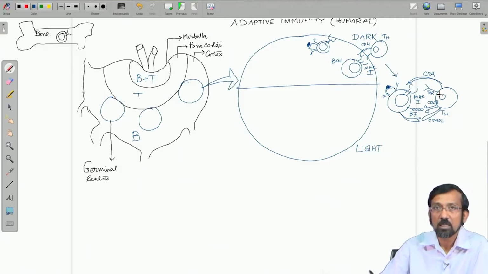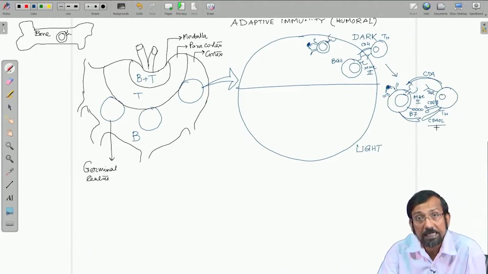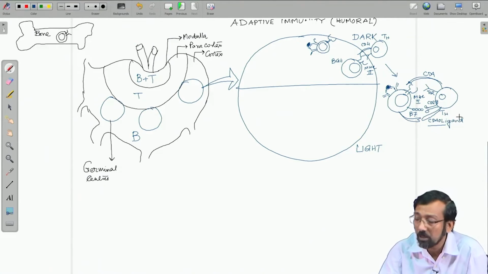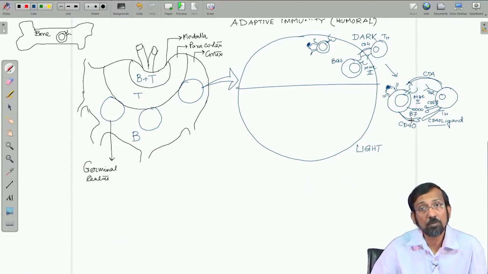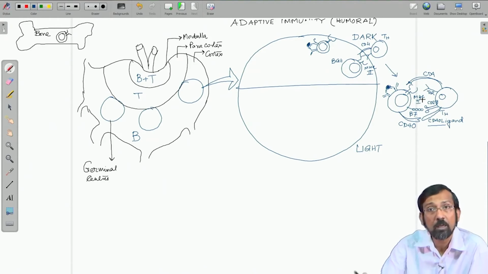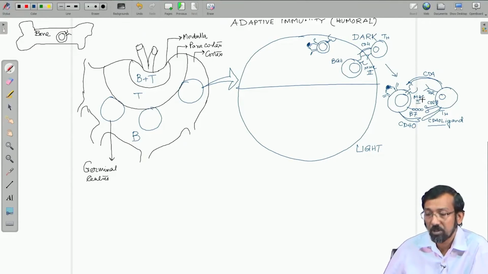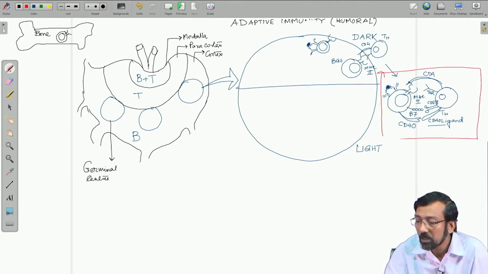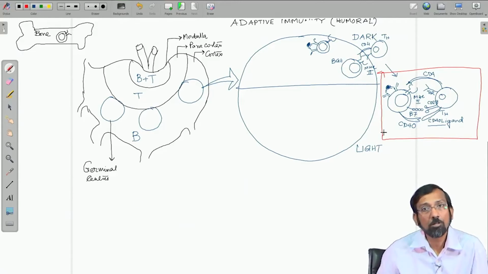The L denotes the ligand, so it is the CD40 ligand, and the CD40, which is expressed on the surface of these B cells. So, you have at least 4 types of interactions which need to be completed before a B cell can be activated. Once these interactions are complete, then there is activation of the B cells.